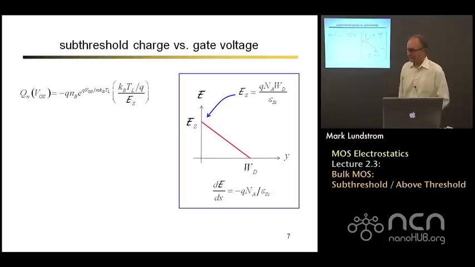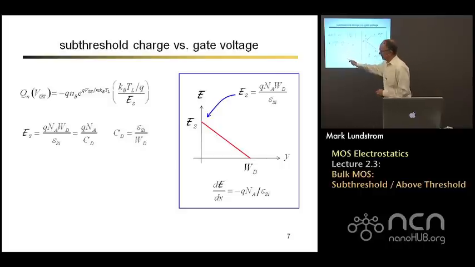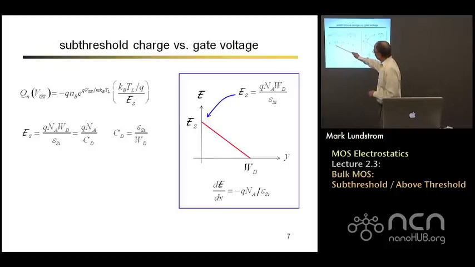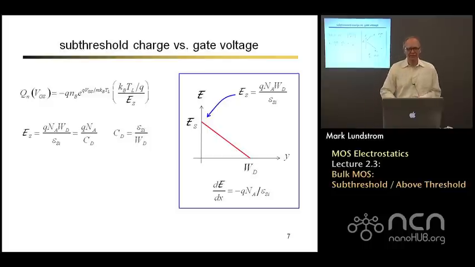So we don't want our final answer to be in terms of the electric field at the surface. Well, we go back to our depletion region formula, and we remember that we had a simple relation between the electric field at the surface and the width of the depletion region and the dielectric constants. So we can take that depletion region formula. Remember, that's valid because we're below threshold for this calculation. And we can recognize that epsilon divided by the width of the depletion region is the depletion capacitance. So I can express it in terms of the depletion capacitance, which is something that I probably know.